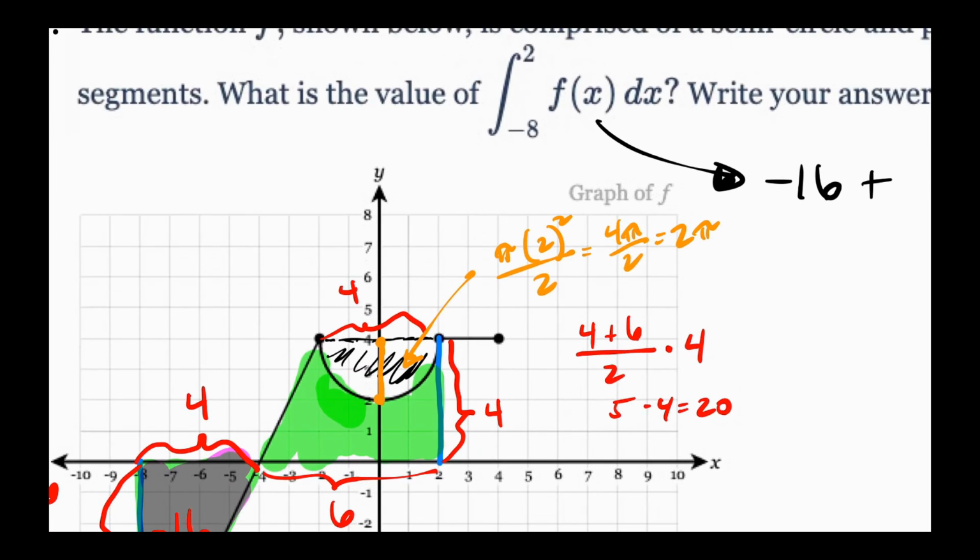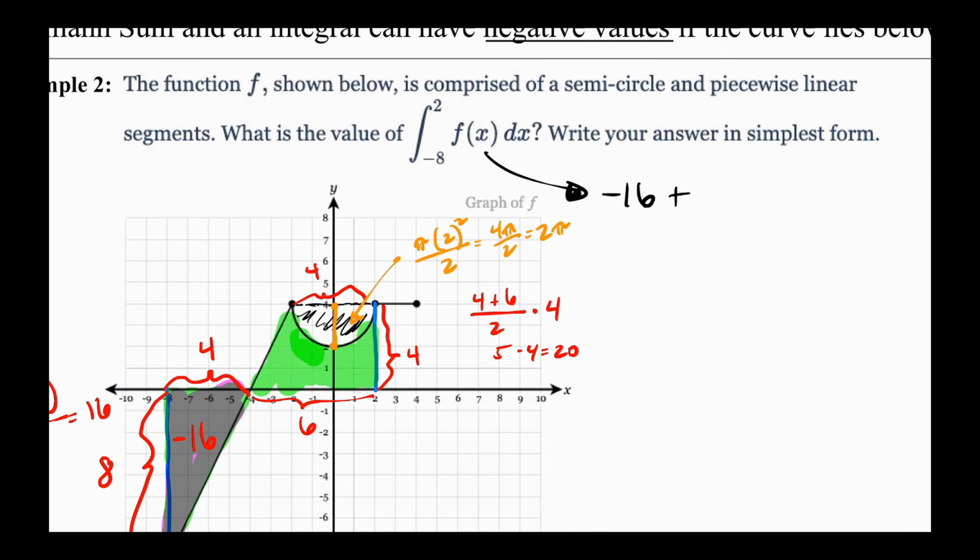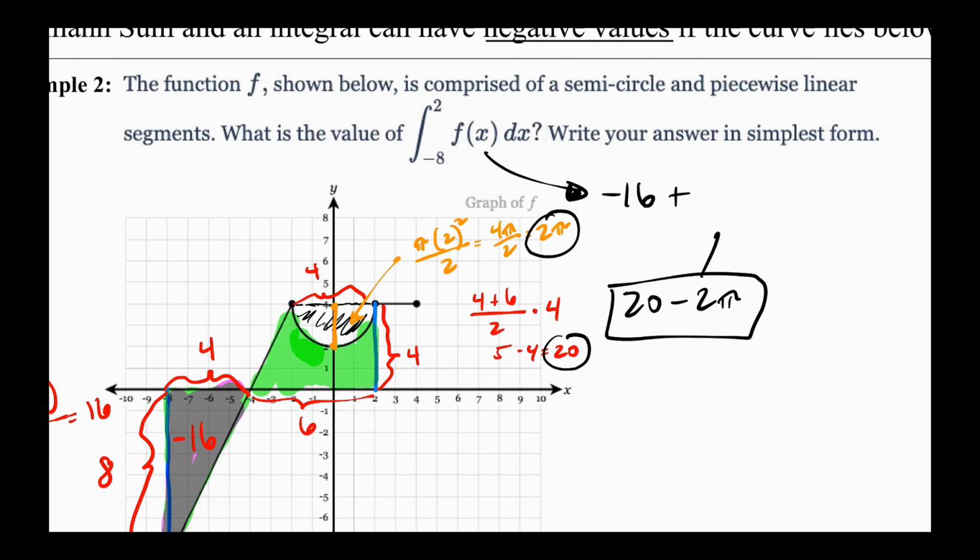Okay. So I would go 20 minus 2 pi. That's my area there. And that's what I would put here.